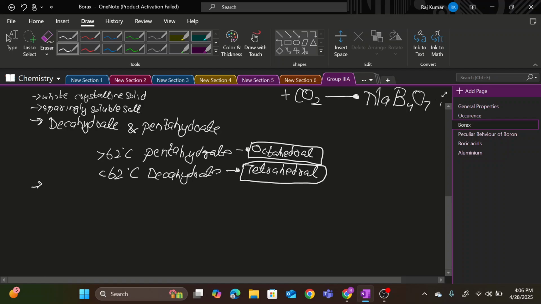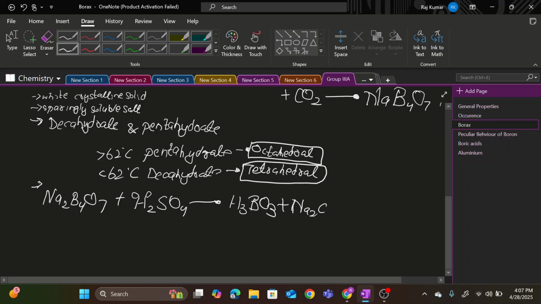All right, and after that we have its reactions. When borax reacts with concentrated sulfuric acid, it gives us boric acid plus sodium carbonate.